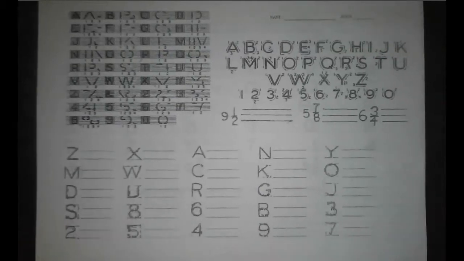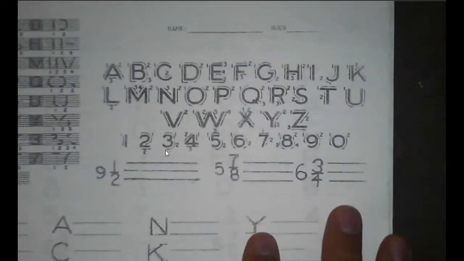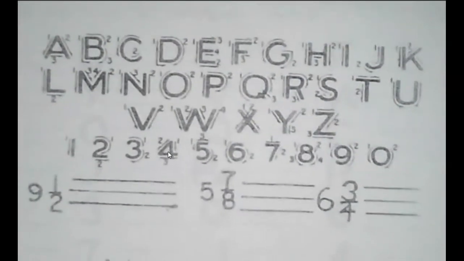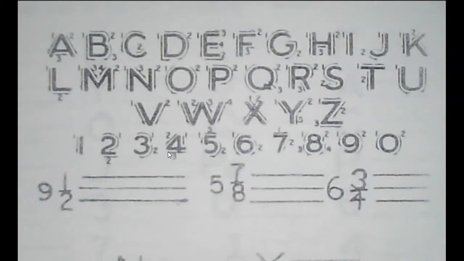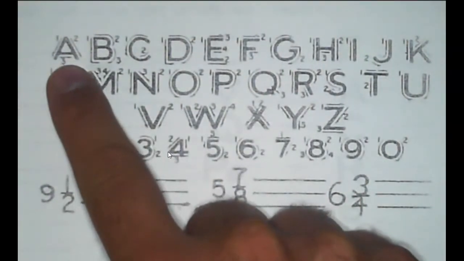If you look at the top of this paper, this right here, and I'm going to make that a little bit bigger. Okay, if you look closely, you can see that it gives you examples of how to construct each letter.